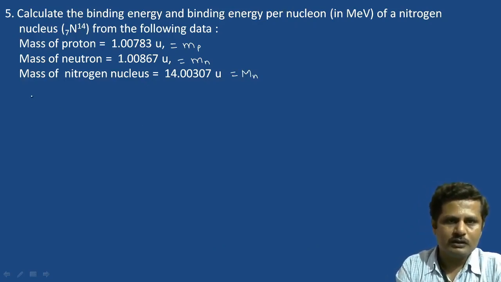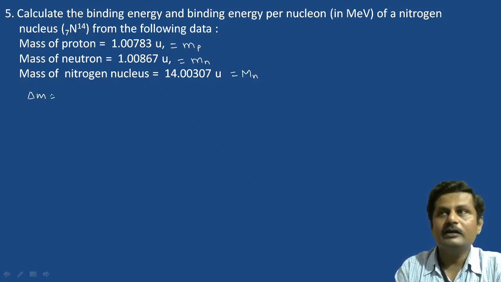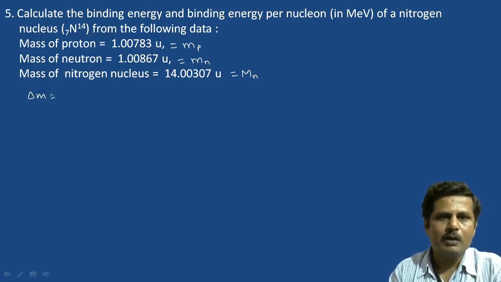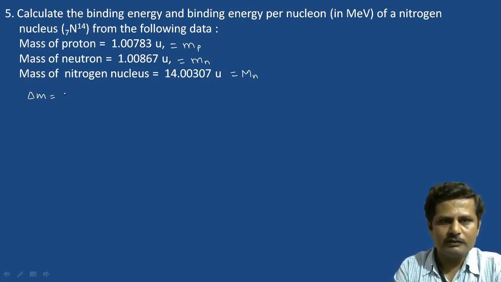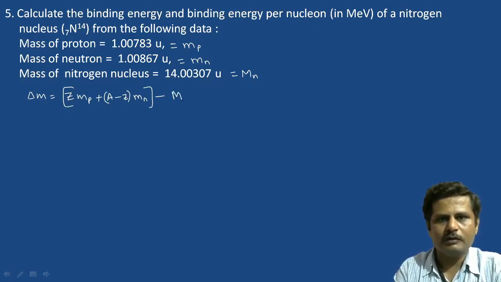So we know that the mass defect is nothing but the difference between the masses of the nucleons and the actual mass of the nucleus. That is, mass of the nucleons is Z MP plus (A minus Z) MN, minus the actual mass of the nucleus. So this is the masses of the nucleons and the actual mass of the nucleus.